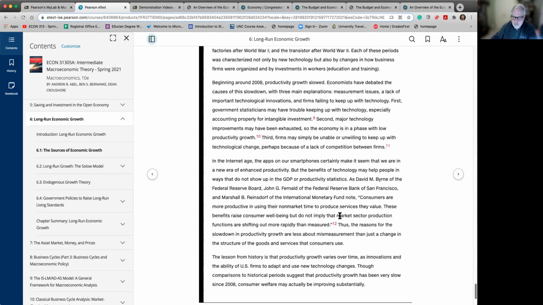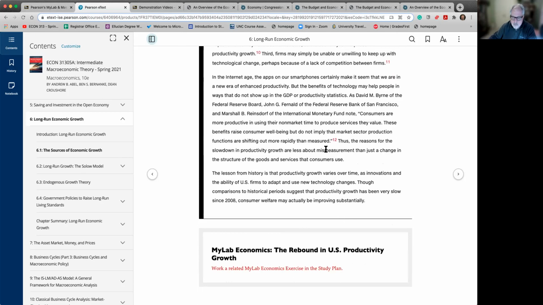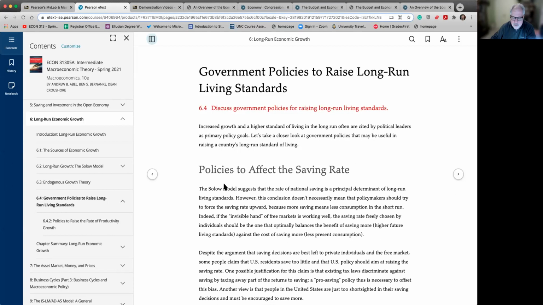Understanding this section and how to think about growth accounting, what it tells us about what to look for, and what kinds of things matter for long-term economic growth, is going to be important. Section 6.4 is the other section of this chapter I want you to pay attention to.